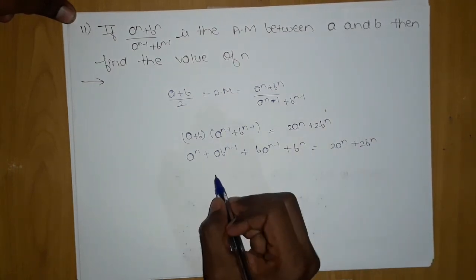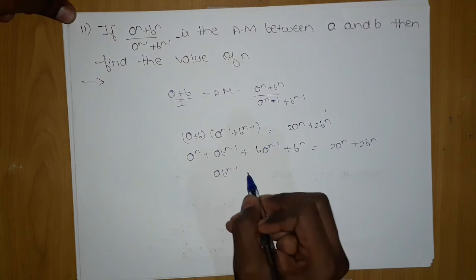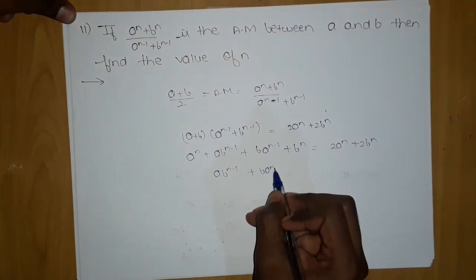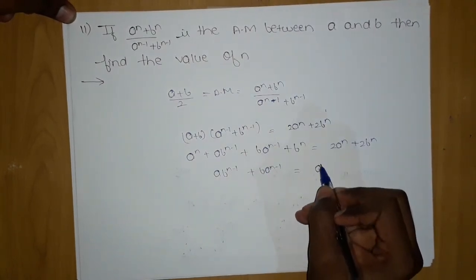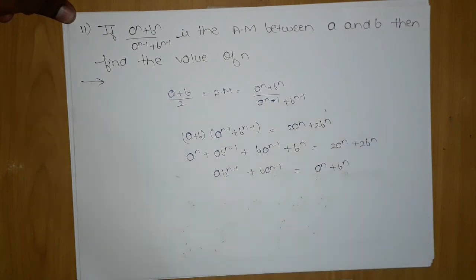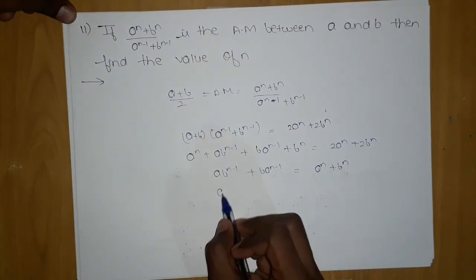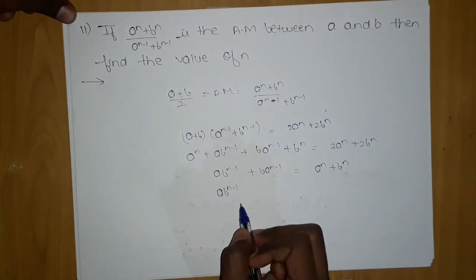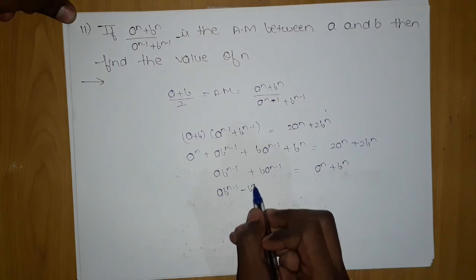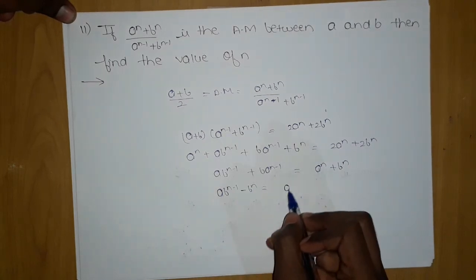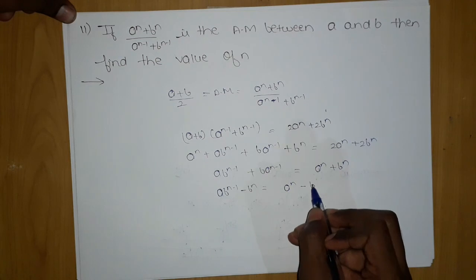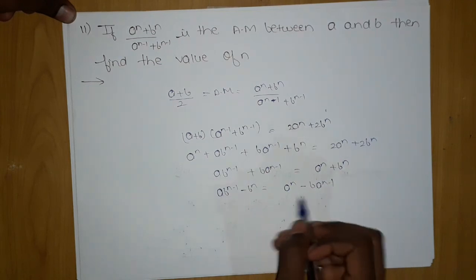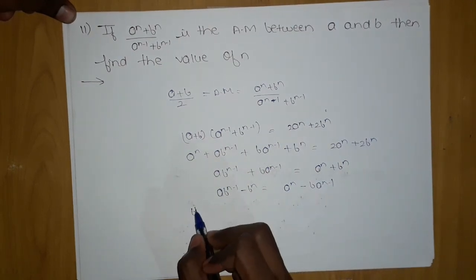When I move these to that side, I get a b^(n-1) plus b a^(n-1), which should be equal to a^n plus b^n. Now if I move b^n this side, a b^(n-1) minus b^n, and bring a^n minus b a^(n-1) this side, and take b common, what do I have?